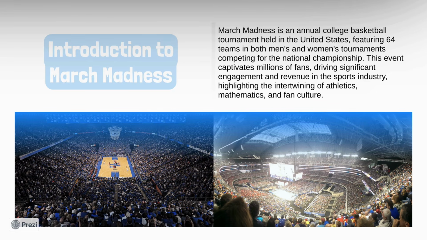The tournament's single-elimination format means that one loss sends a team home, creating intense games and exciting upsets that captivate millions of fans. Each year, people fill out brackets trying to predict the winners, turning the tournament into a nationwide challenge. Beyond the excitement of the games, March Madness also shows how sports and mathematics connect through statistics, probability, and prediction.